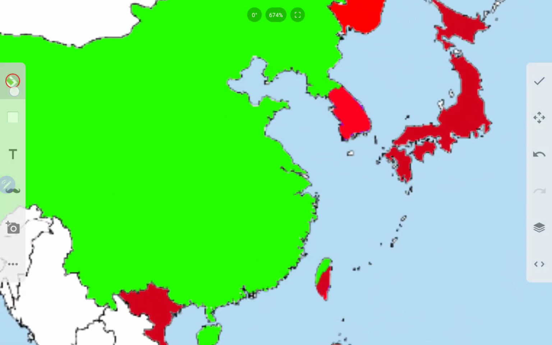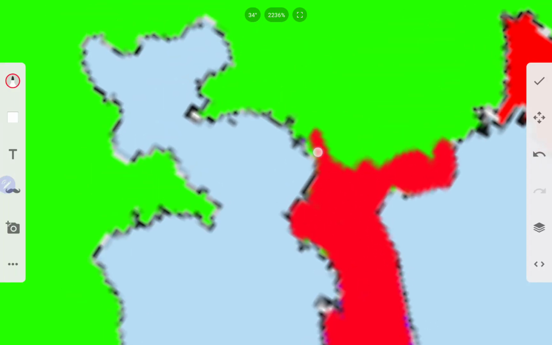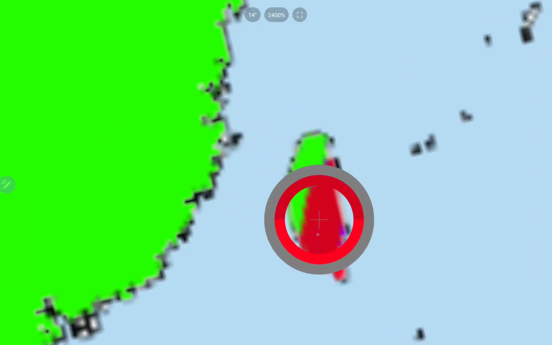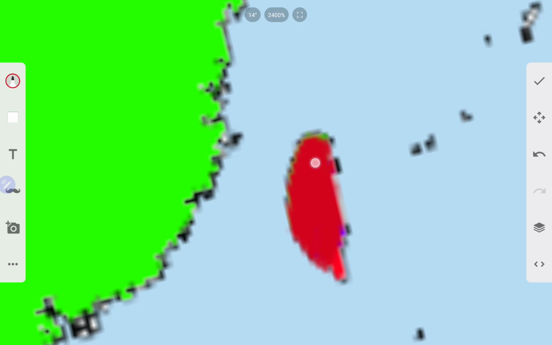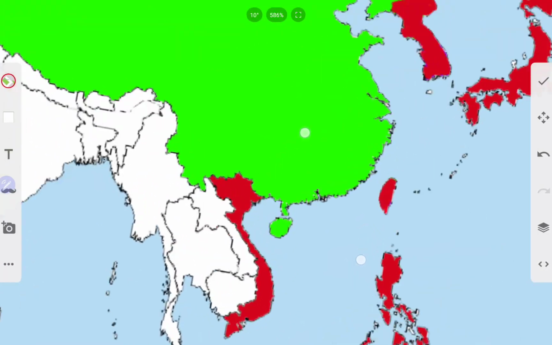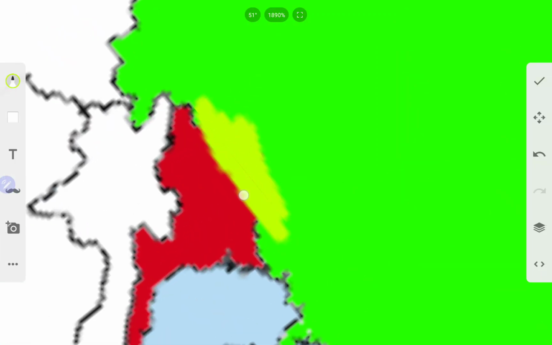Meanwhile, China is being invaded by Japan. Japan starts to invade China relatively quickly. Now Japan is at war with China. China starts to push back against Vietnam.